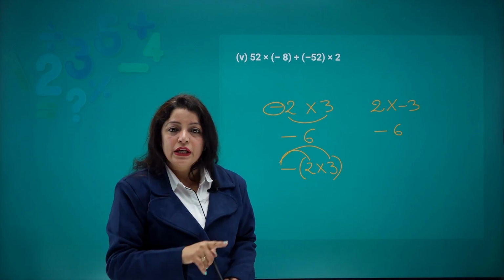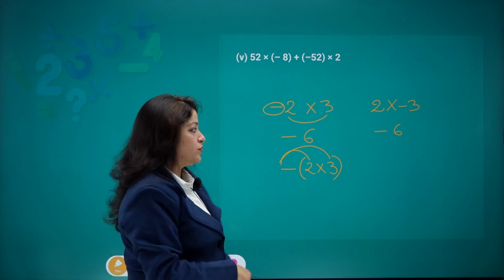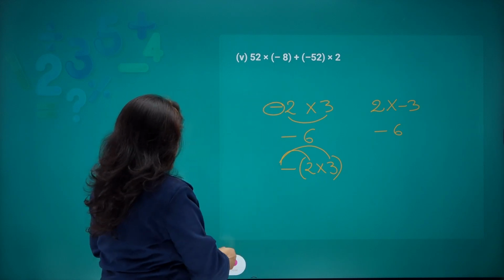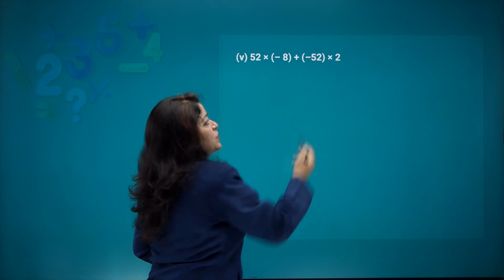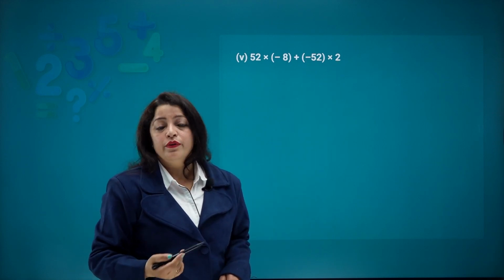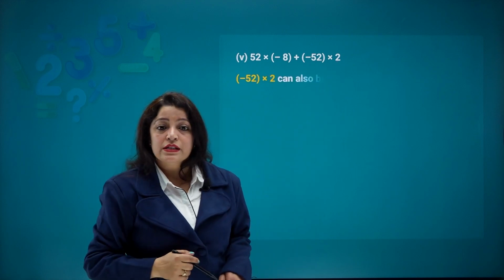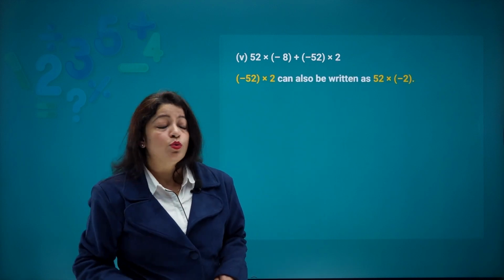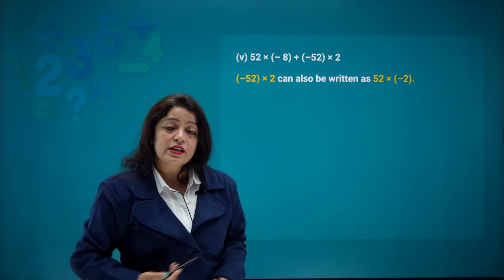Remember, you may either write minus 2 times 3 or you may write it as 2 times minus 3. Same is here. So we can apply this and shift this minus sign to this positive 2, right? So minus 52 times 2 can also be written as 52 times minus 2. This minus can go with the next number.